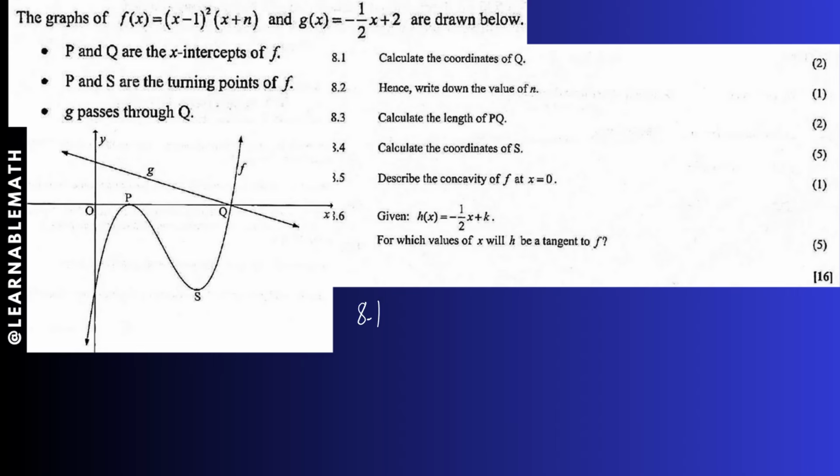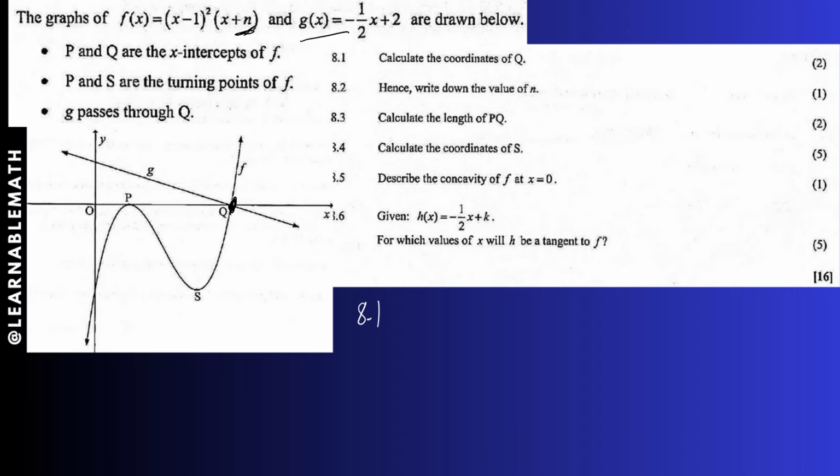If you check Q, it is the x-intercept of f, and it's also the x-intercept of g. But we cannot use the equation of f because in this case it has some unknowns such as n. So we're going to find the x-intercept of g.